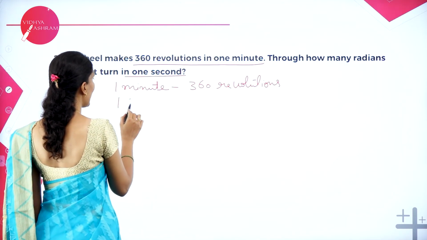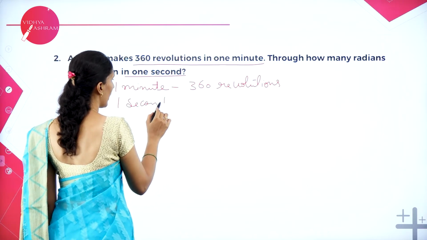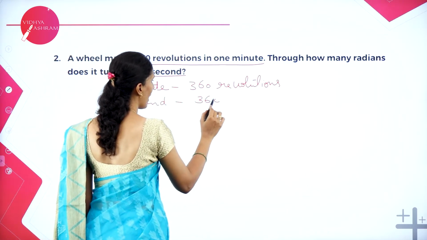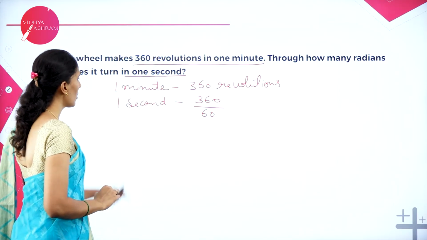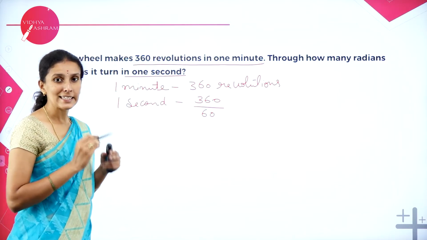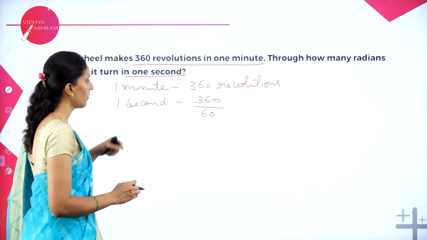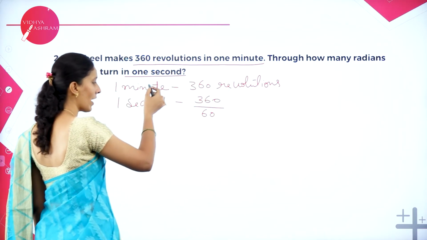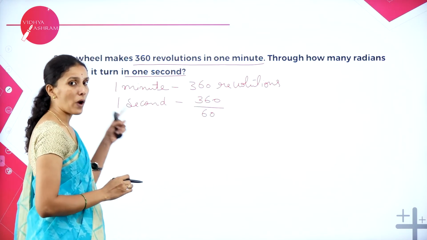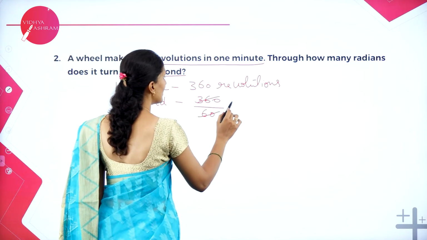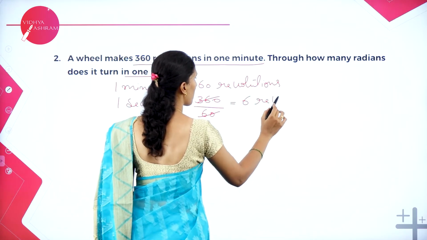So for 1 second, it is 360 divided by 60. Why 60? Because 1 second is 1/60th of a minute. So therefore, 360 revolutions in 1 minute means 360 by 60 revolutions in 1 second. That is 6 revolutions.